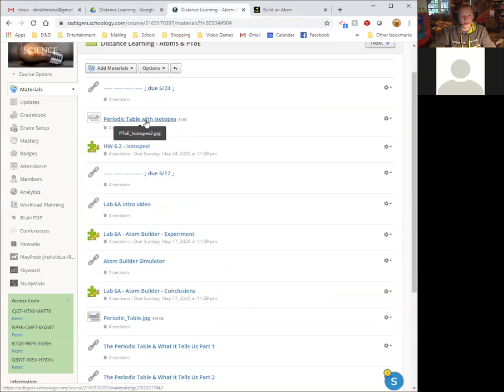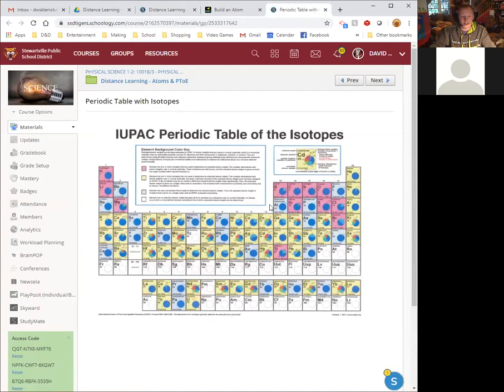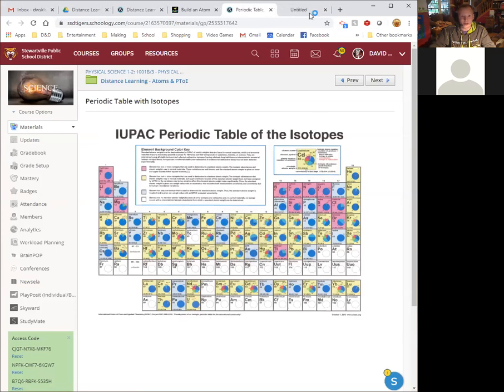So I would suggest right-click on that, open the link in a new tab, and that will put it up here. You'll be able to see it. It is a dense file, so you might want to zoom in even more. The easiest way to do that, I'll see what I can do here in Schoology, but if you right-click on this and say, open image in a new tab, it will be even better.